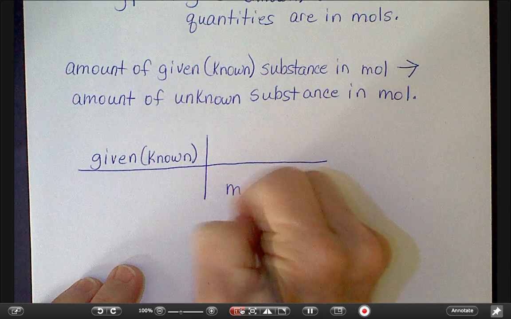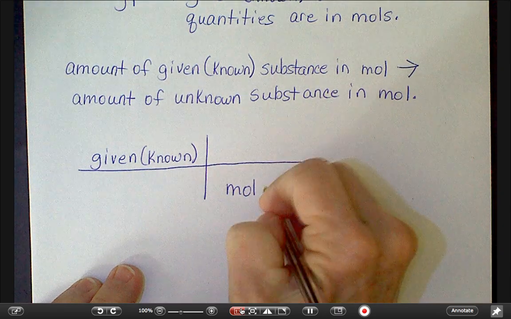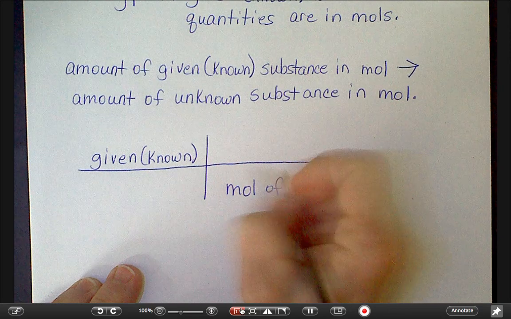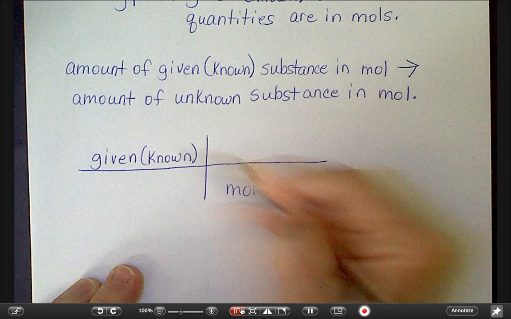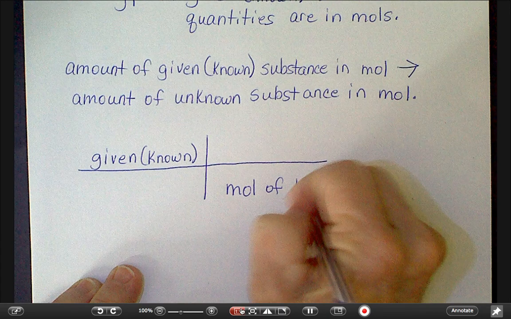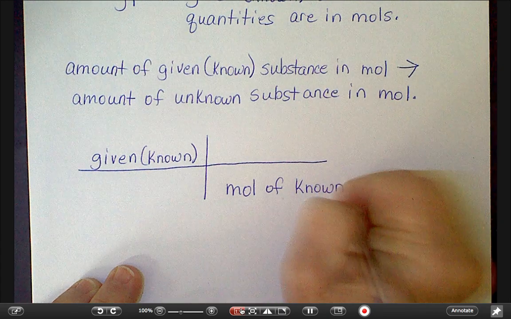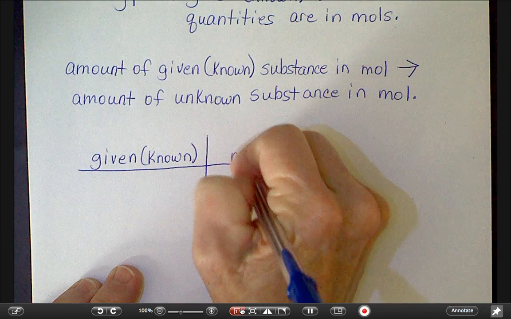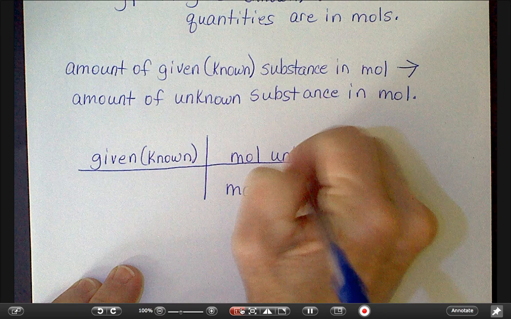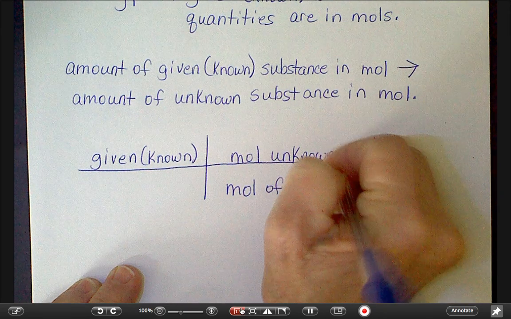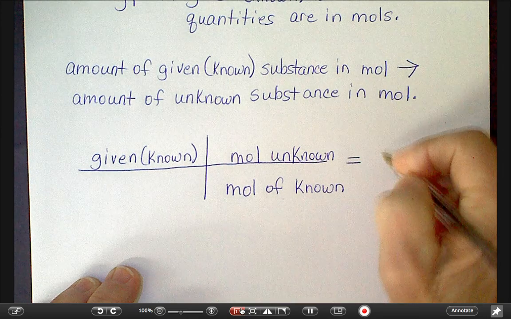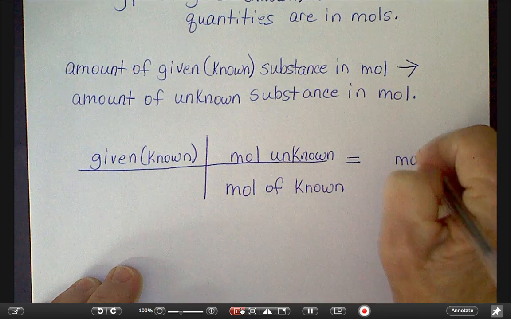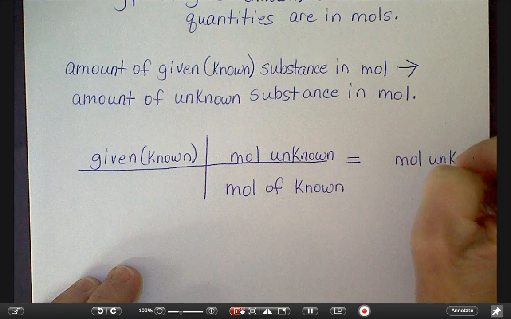And you'll have mole of known on the bottom because whatever unit is here has to go where? And then the mole of the unknown on top to end in mole of unknown.